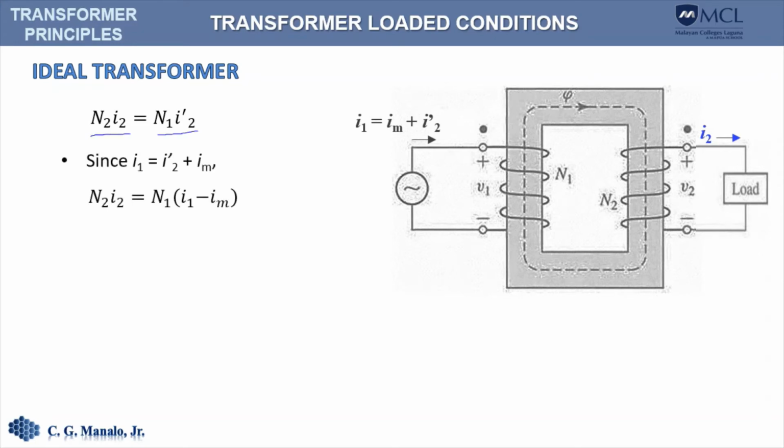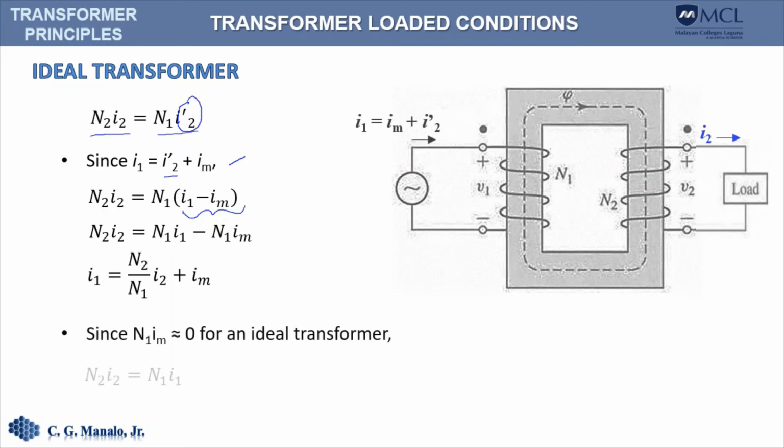Now, we know that the total primary current is the combination of the magnetizing current and the additional current due to the secondary winding current. So therefore, we can replace this here by this one. Let's replace that, and that will give us this relationship, which can be simplified into that expression.